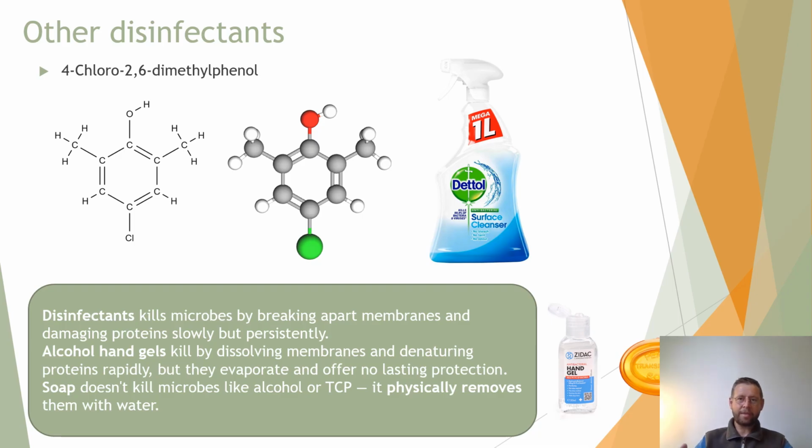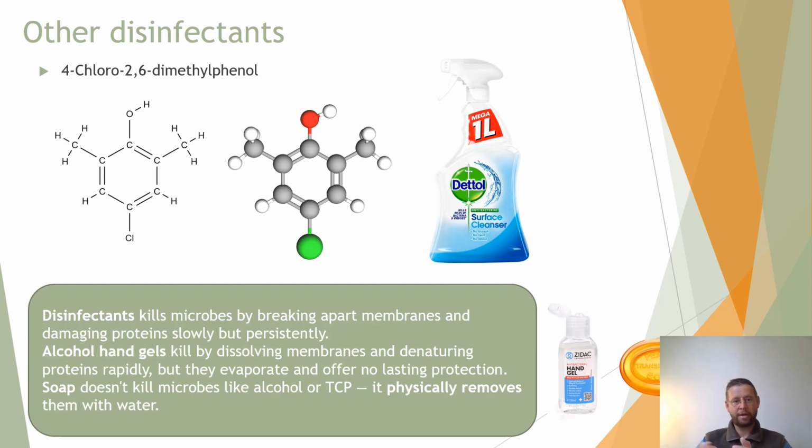And so they have a different mechanism. A disinfectant you might spray on a surface physically punctures the cells by breaking into those lipid layers, whereas alcohol hand gel works by basically dissolving the water content from those things. It's very small alcohol molecules that evaporate easily that dissolve the membranes and denature the proteins.